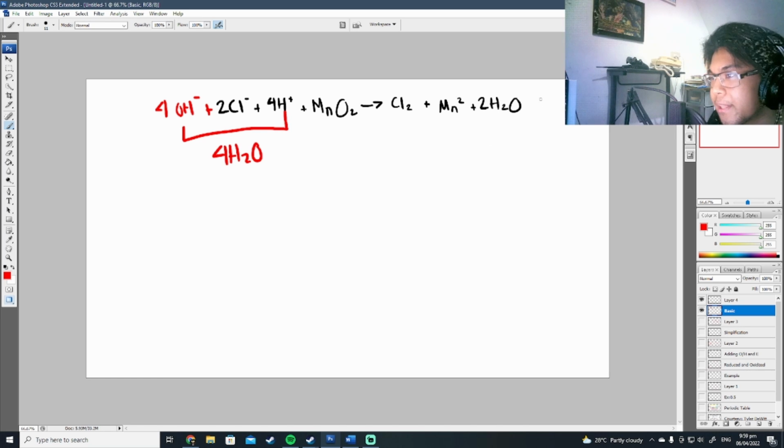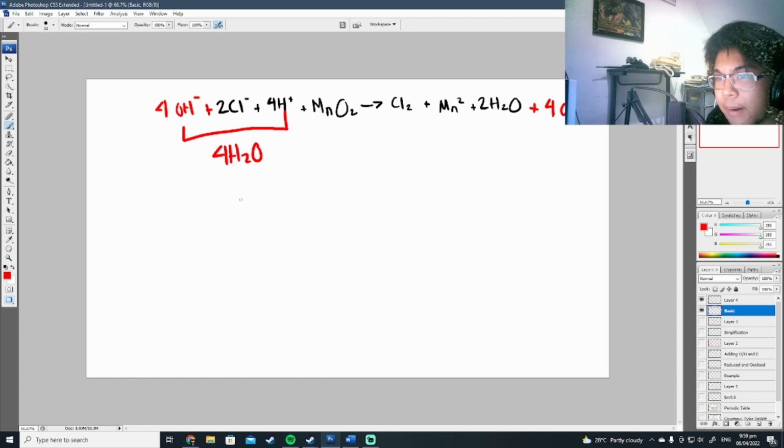So on this side, since we added 4OH on the other side, like I said, we also add another 4OH. And notice that we have H2O on this side and H2O on this side now.